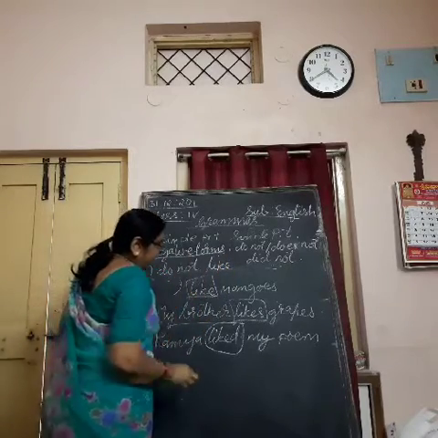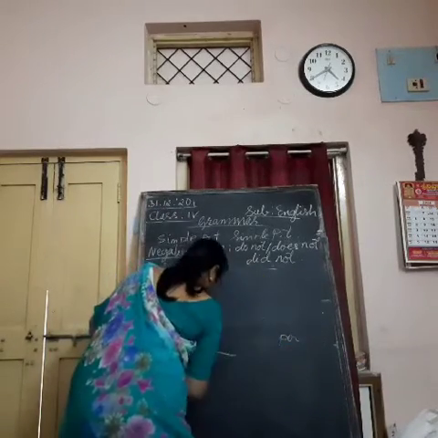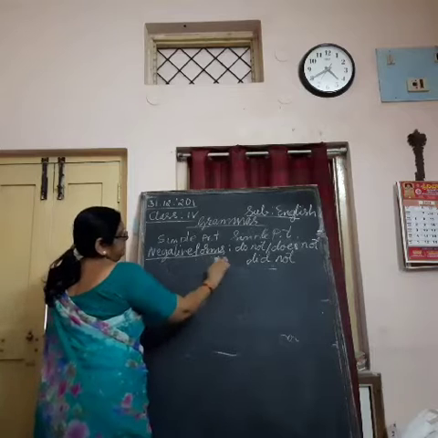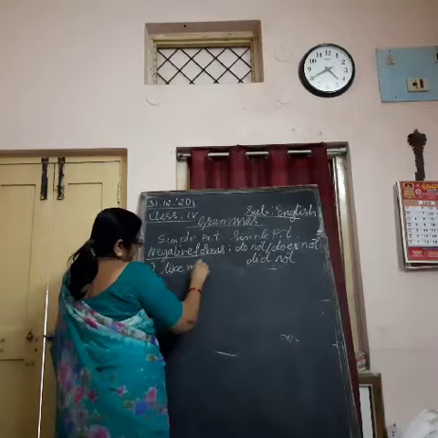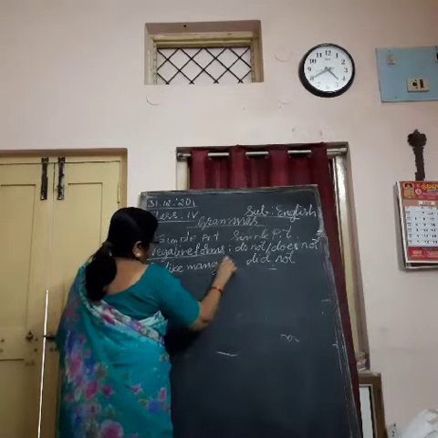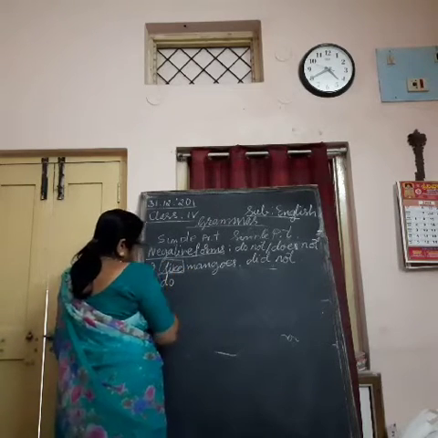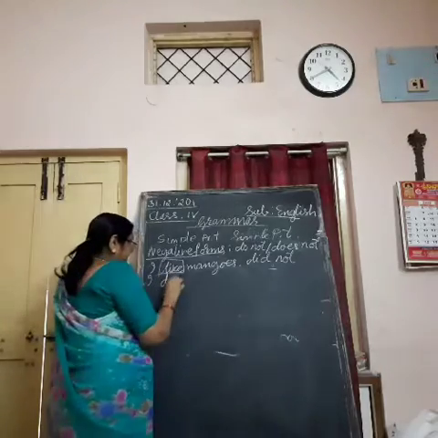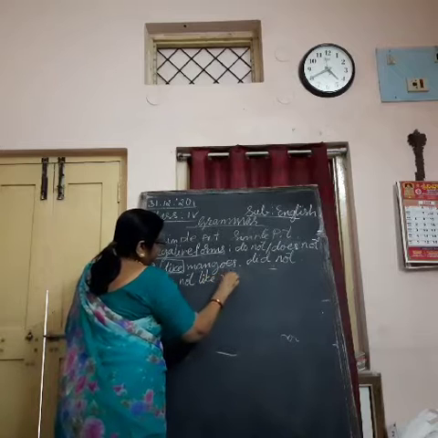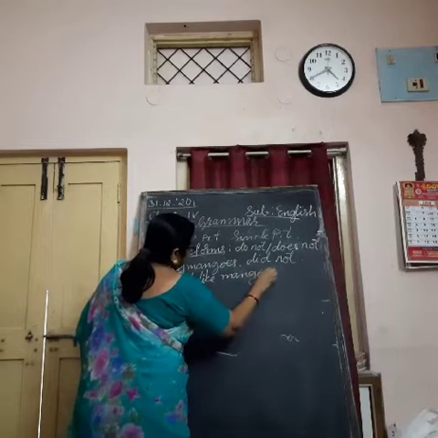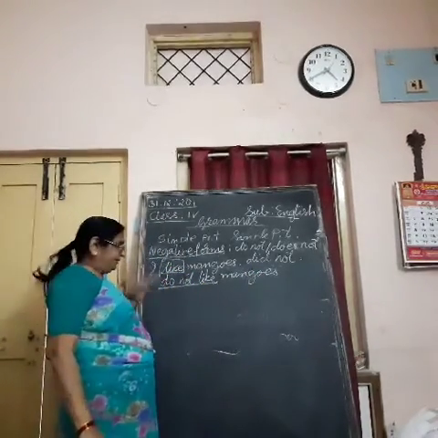This is the base verb, present tense. So, do not like is our negative form.